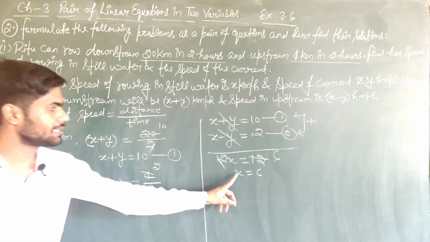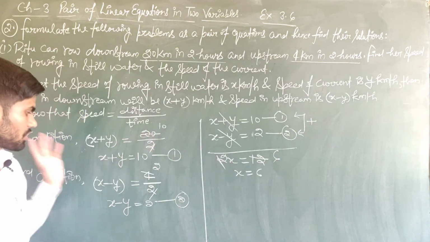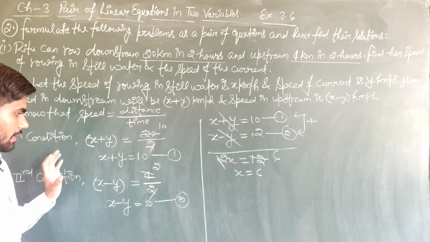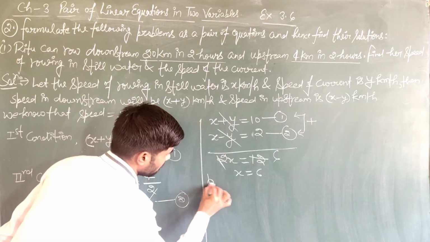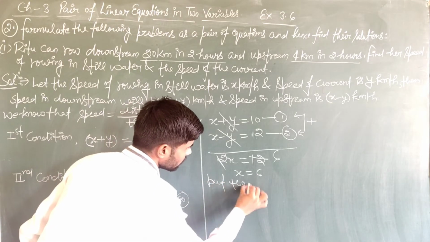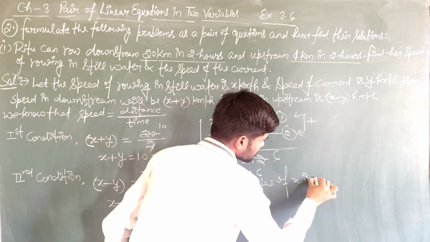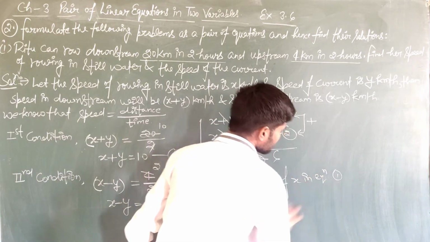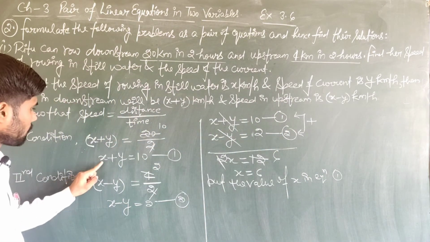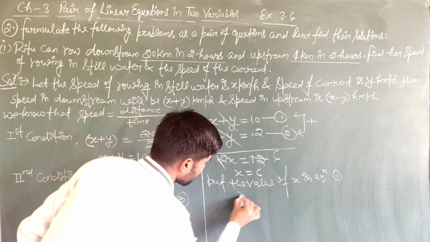Now we can put this value in any equation, first or second. Put the value of x in equation first. Equation first is x plus y is equal to 10.